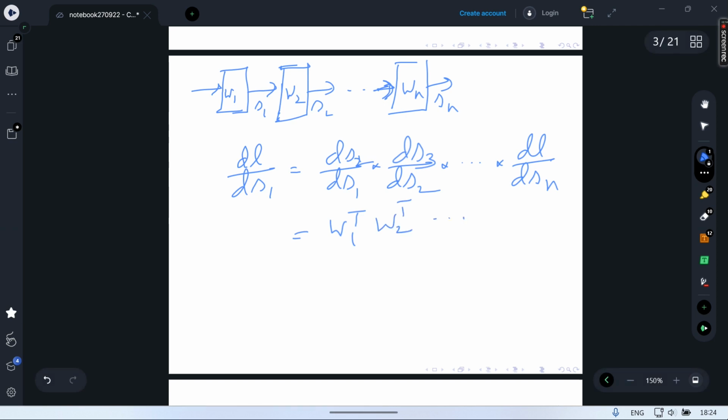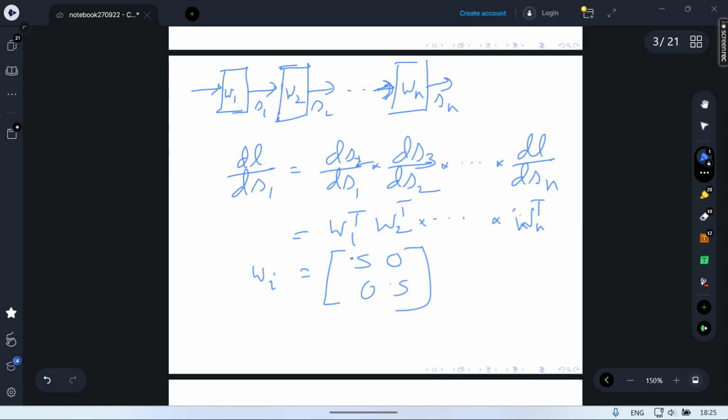So in this way you end up multiplying the matrices, from W1 transpose up to Wn transpose. Now, what might be the problem? Suppose the values of these matrices are very small, say suppose each Wi is nothing but 0.5.